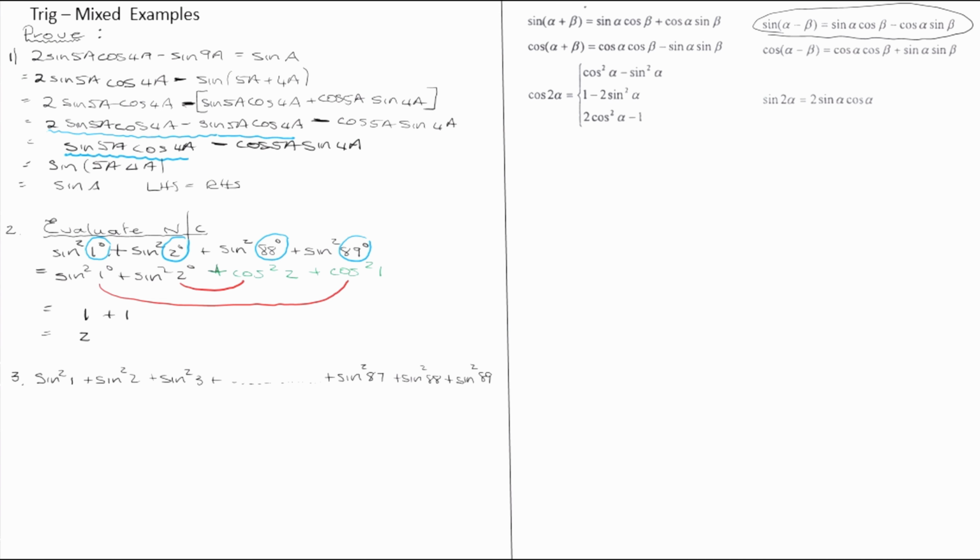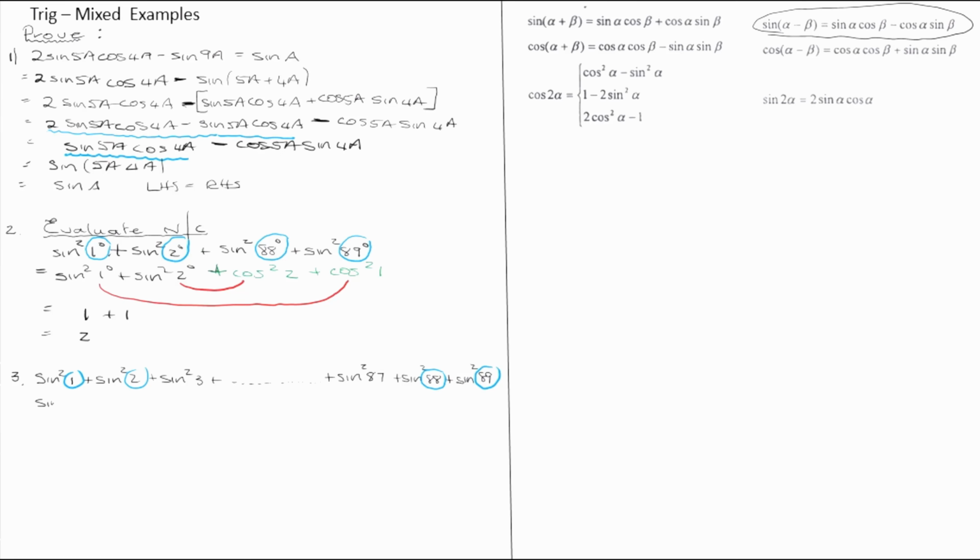Right, so this follows exactly the same idea. There's just one or two other things that we have to look at. So again, I can see a 1 and an 89 and a 2 and an 88. So what I'm going to do is keep the first half and change the second half into cofunctions.